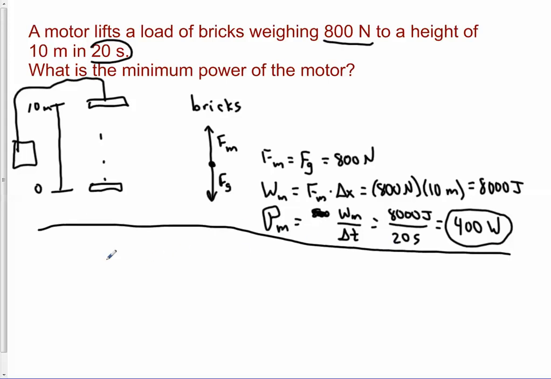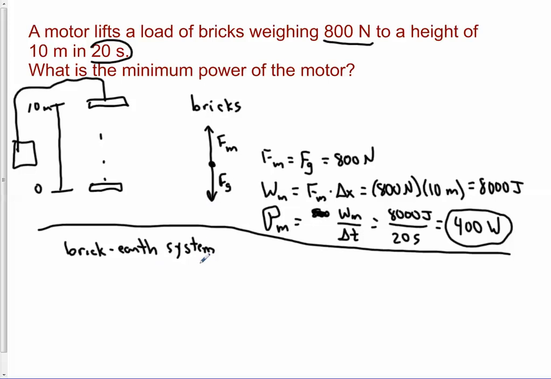Now, alternatively, you could look at it as the brick-earth system, in which case gravity is an internal force. So we don't think of gravity as a force, really, we think of it just as its potential energy. We replace it as a force with its identity as energy.